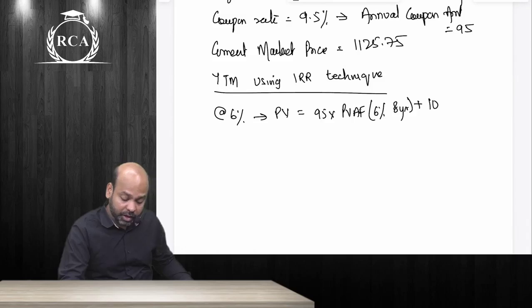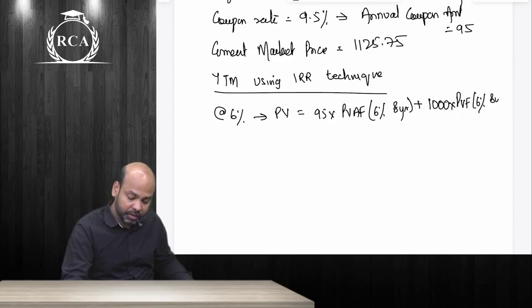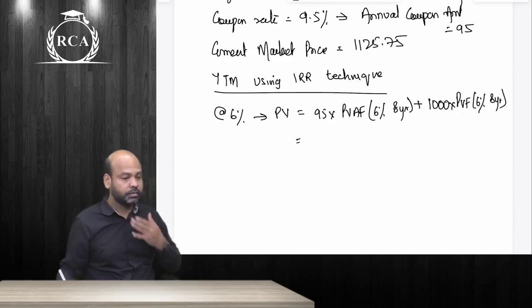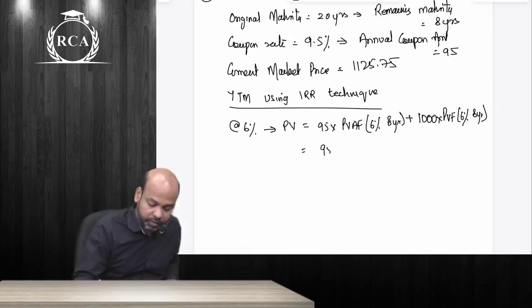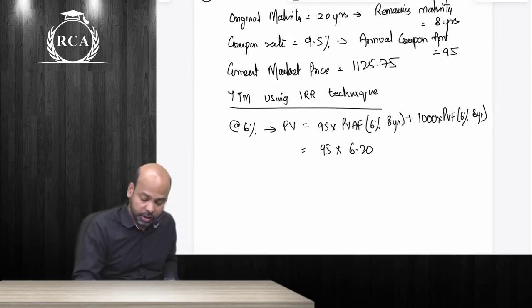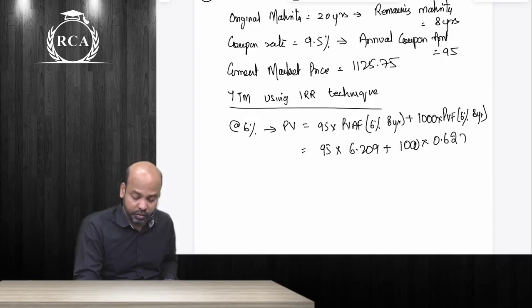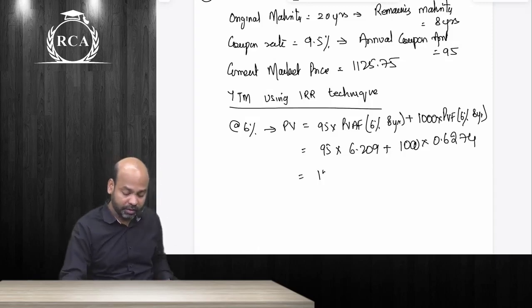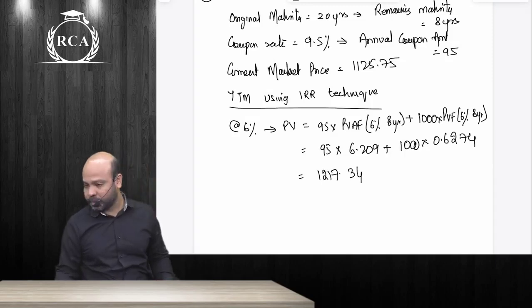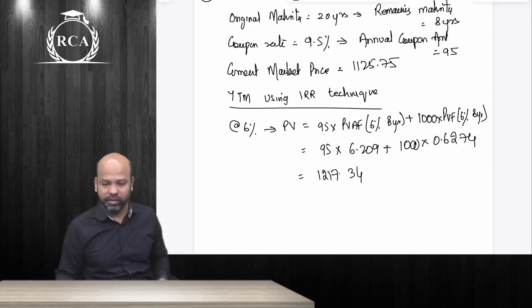And redemption value will be 1000 rupees multiplied by the present value factor at 6% for the 8th year. 95 into 6.209, 1000 into 0.6274, 1217 point. At 6% you'll get the present value of the cash flows as 1217.34.